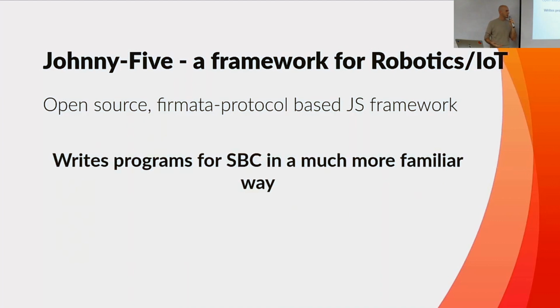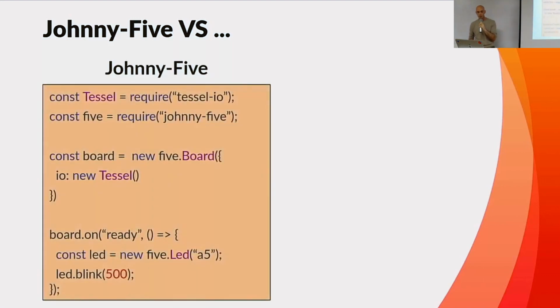And why this? Well, Johnny 5 is here to help write programs for single board computers in a much more familiar way, especially for web developers like myself. And with this, I obviously want to show you a little bit of code taken from a Johnny 5 program, so that you can actually see what I mean with this.